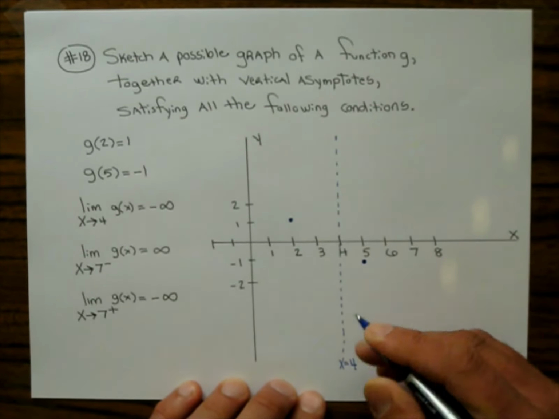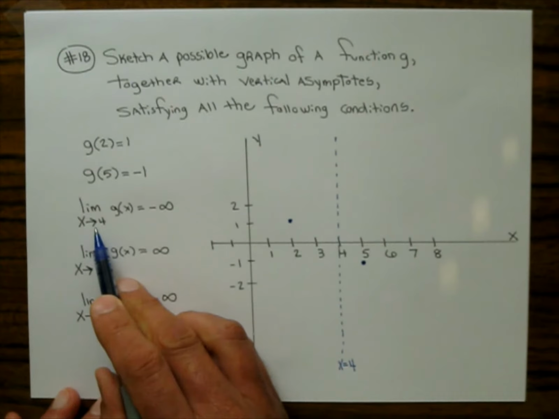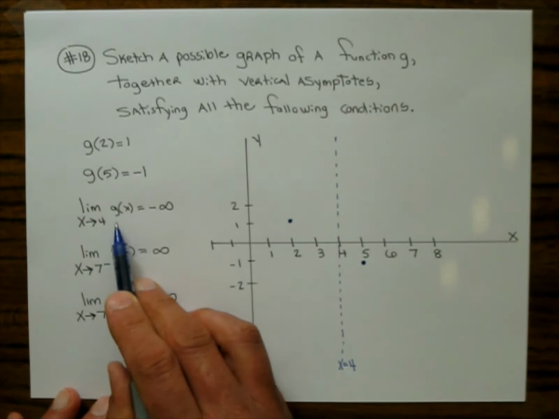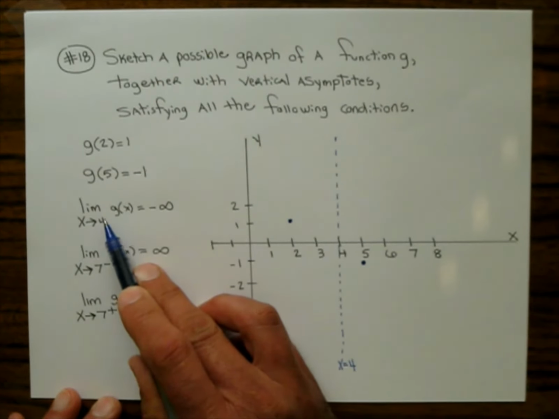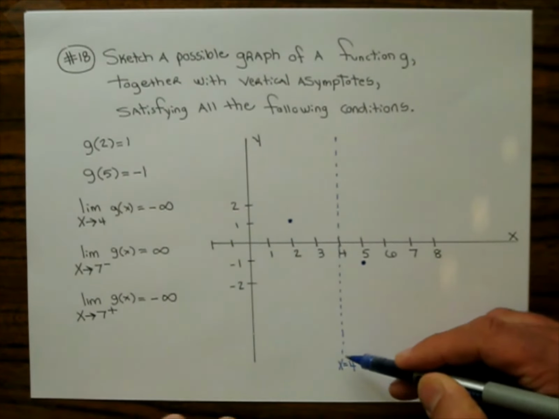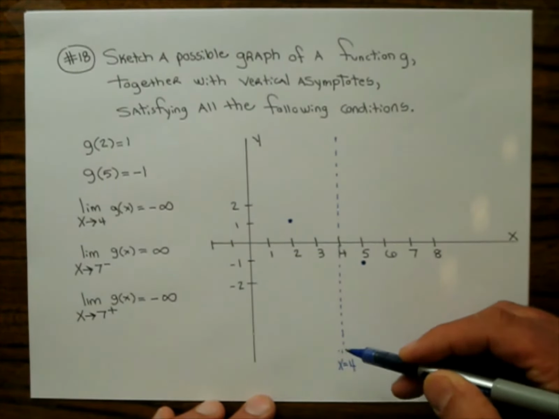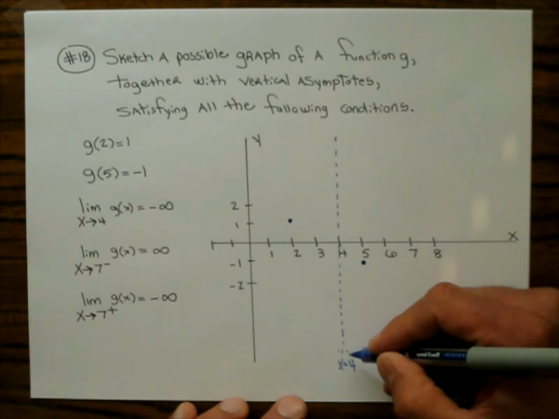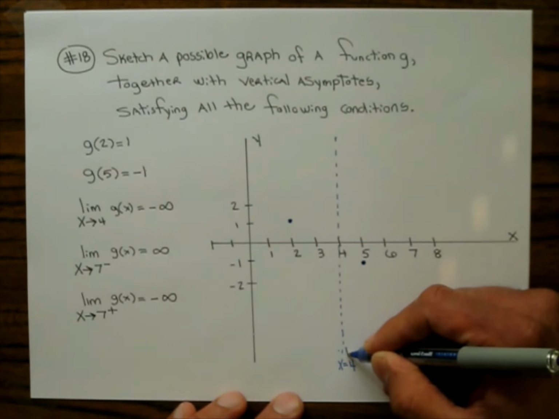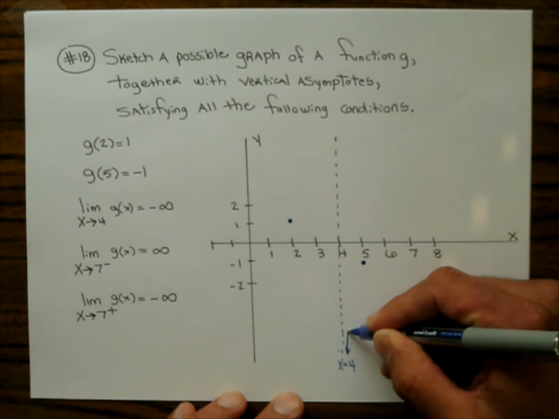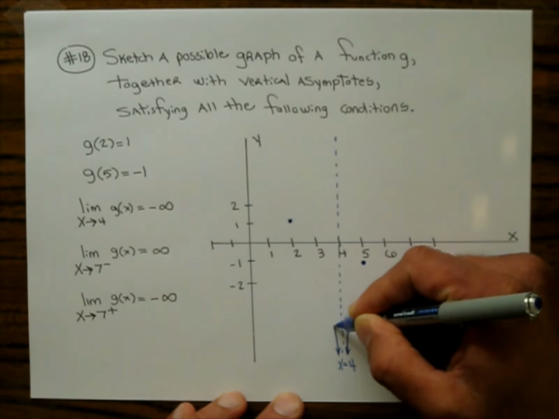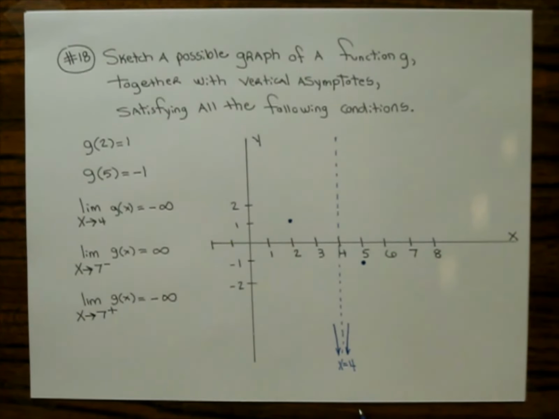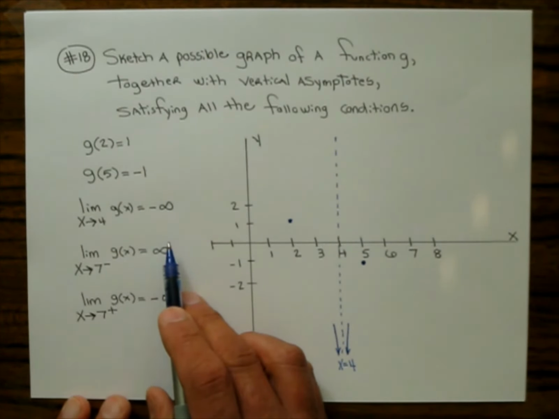We should always label those. But look what it says: this is from both sides, because there's not a little plus or minus near that 4. So from both sides you're going to negative infinity, coming down from both sides. We'll keep that in mind. I don't want to finish drawing this until I get all the clues down. So that's what that means.